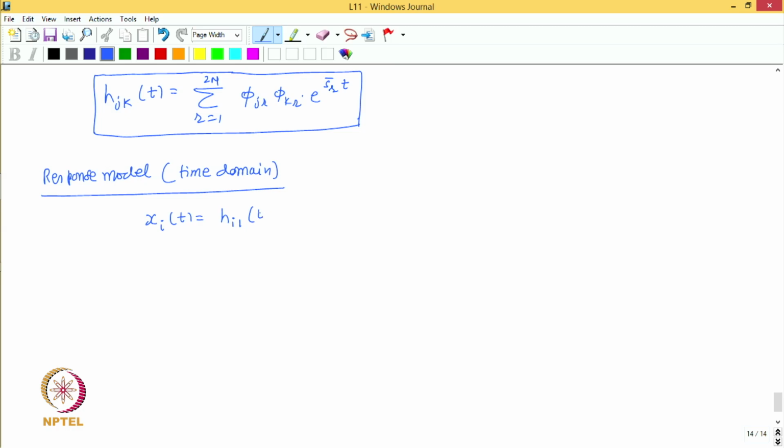So, I can do a convolution between H i 1 and the transient force which is acting at the first degree of freedom, plus the response at ith degree of freedom due to transient force at the second degree of freedom, plus I can then find the response due to transient force at the nth degree of freedom, H i n convolution with f n t.